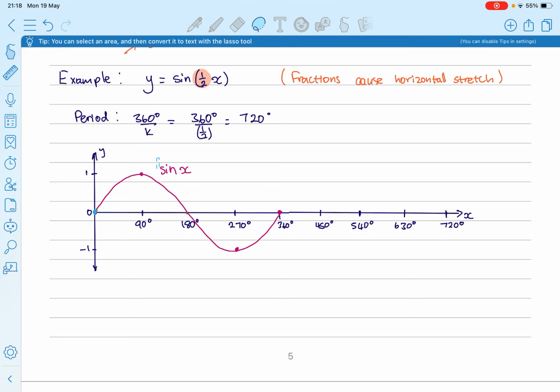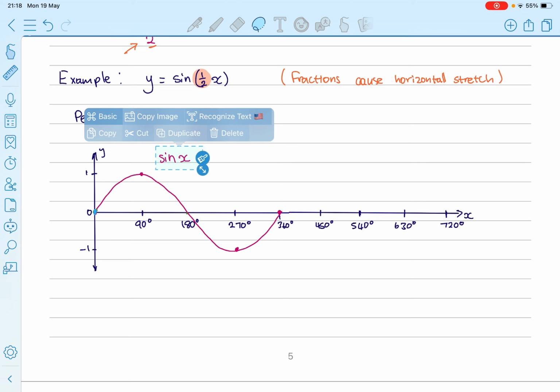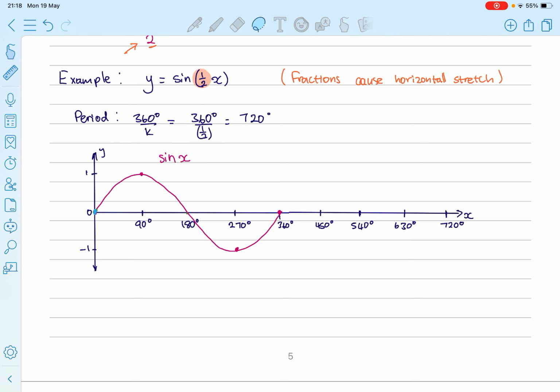I can move this to be out of the way. So 90 is now here. It has moved. That's the new maximum. The next critical point is at 180 degrees, which is 0. So multiplied by 2, that's 360. So y is equal to 0 at 360.